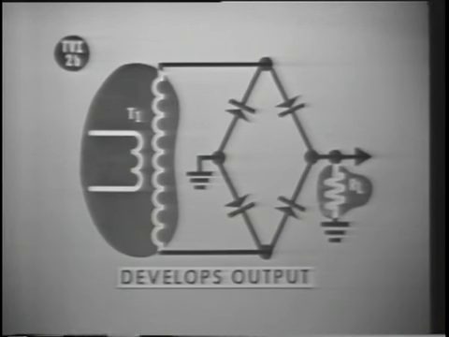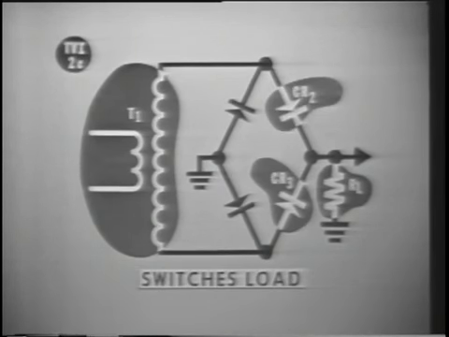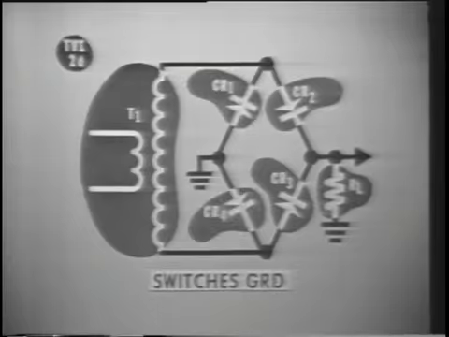The load resistor, R sub L, develops the output voltage. CR2 and CR3 switch the load connections. And CR1 and CR4 switch the ground connections.